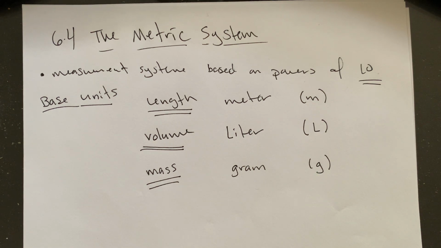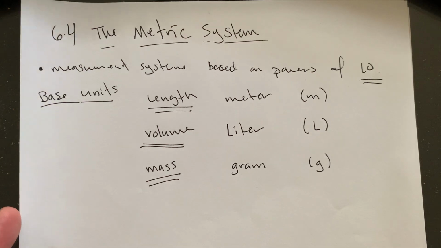So a gram makes sense. If you're an engineer talking about the weight load of a bridge, then you're talking about really heavy weights, and obviously a gram there wouldn't be so practical. But that's why we have these unit conversions where we can scale up and scale down.